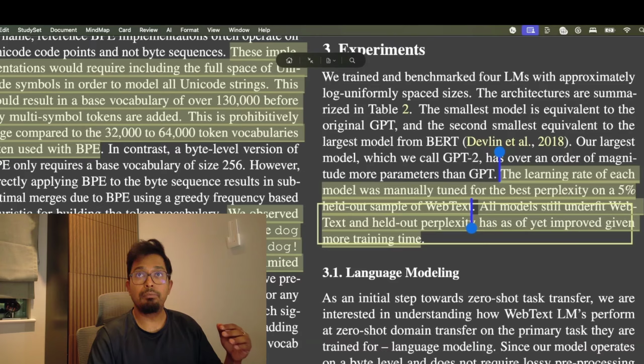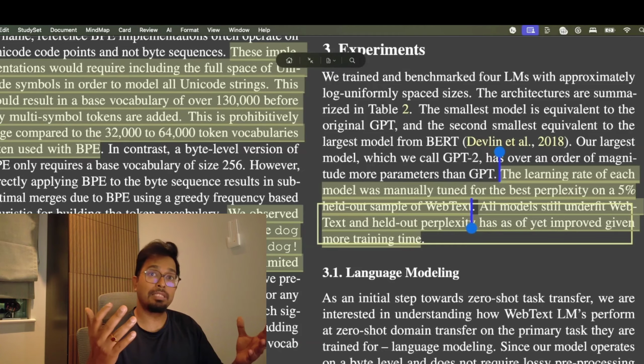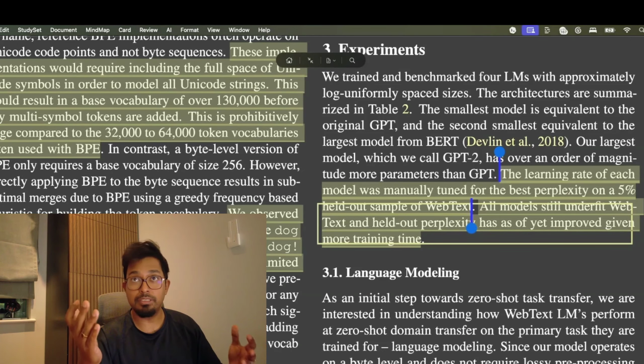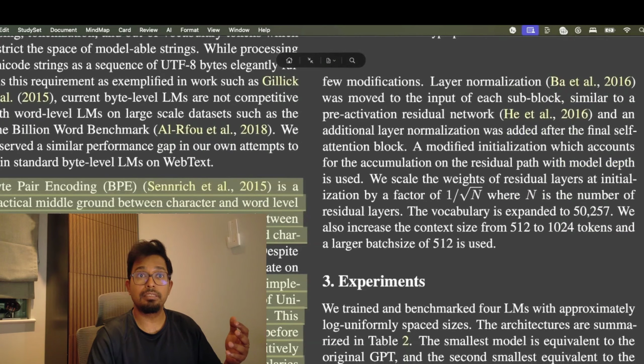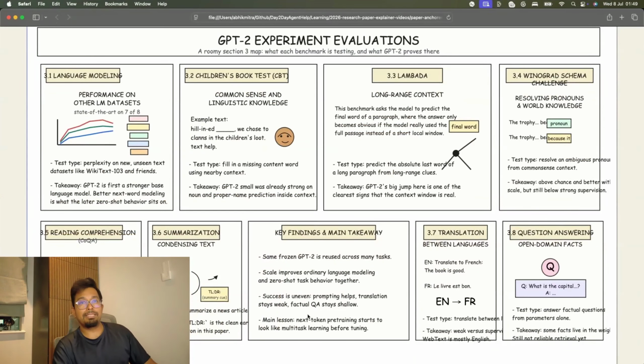With that, what we are seeing is, first, scale improves the base language model, as we just established. Perplexity keeps dropping across data sets. I'm not going to go through each and every experiment because we will not have that much time, so I'm just going to use a visual. Overall, we see perplexity keeps dropping across data sets.